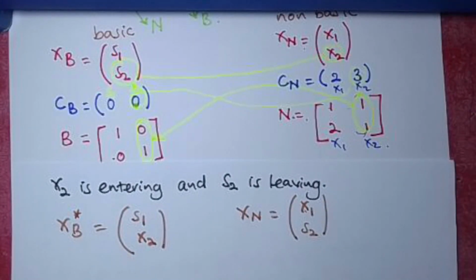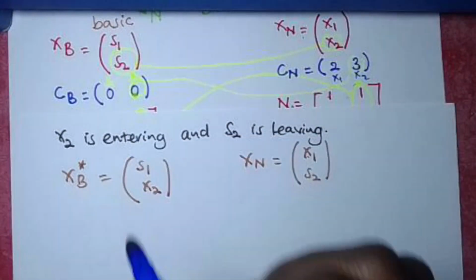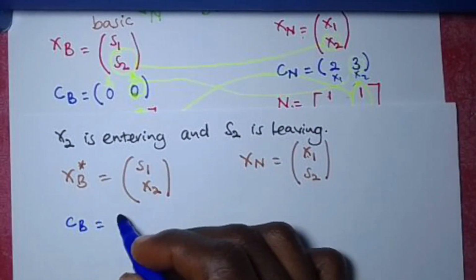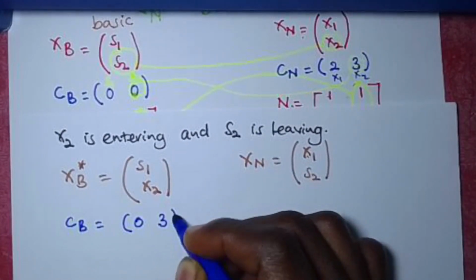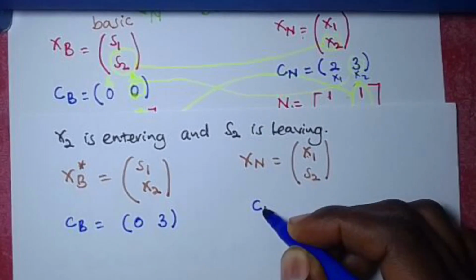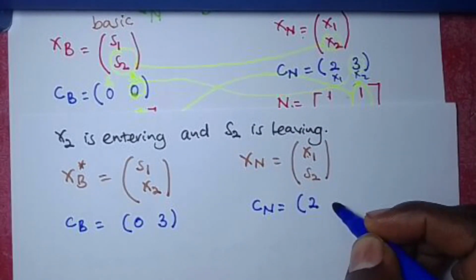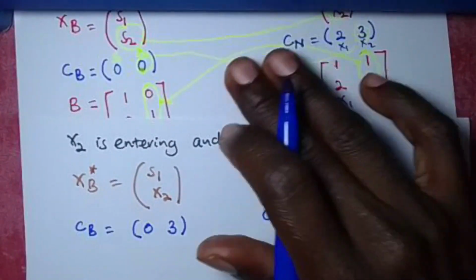Then you write also your coefficients. So my coefficients for the basic are going to be a 0, and here will be a 3. Then my coefficients for the non-basic are going to be a 2, and the other side we shall have a 0.